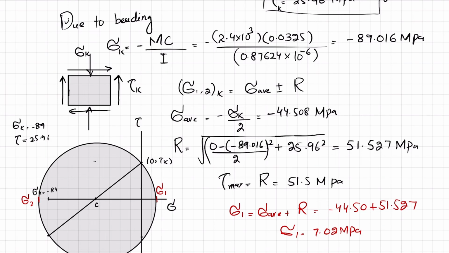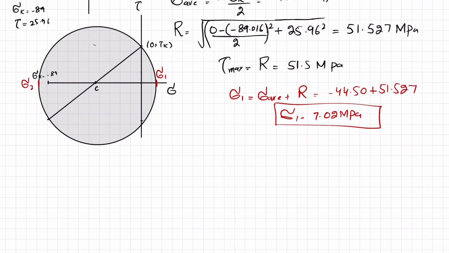If you draw it as per scale, you will see that this point will be 7.02 megapascal. Now sigma 2 is equal to sigma average minus R. So minus 44.50 minus 51.527 will give you minus 96 megapascal.